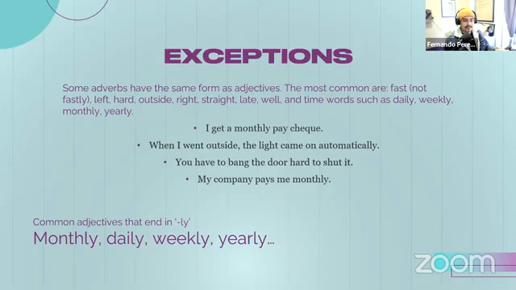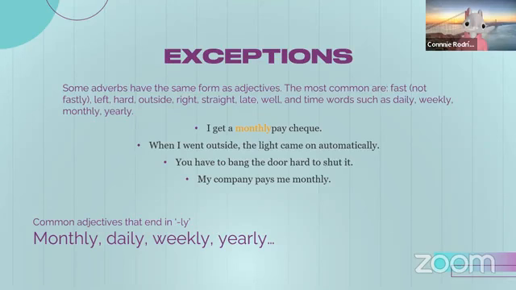When we are talking about frequency, we don't necessarily need an adverb. We can also use adjectives. For example, a monthly paycheck. The word monthly is describing what? The frequency.